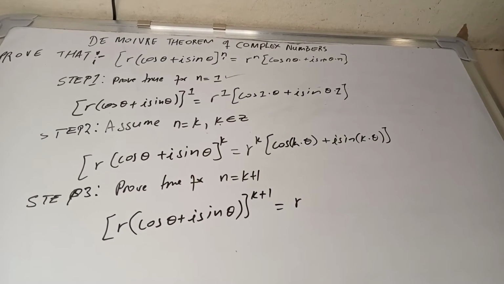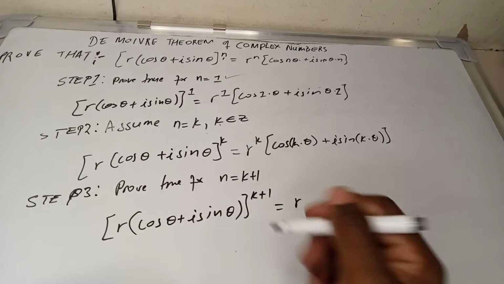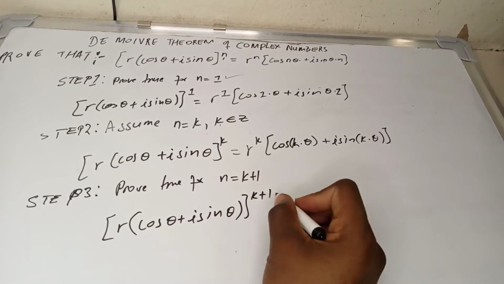So in this case we have two bases that are this, with the addition of exponents.